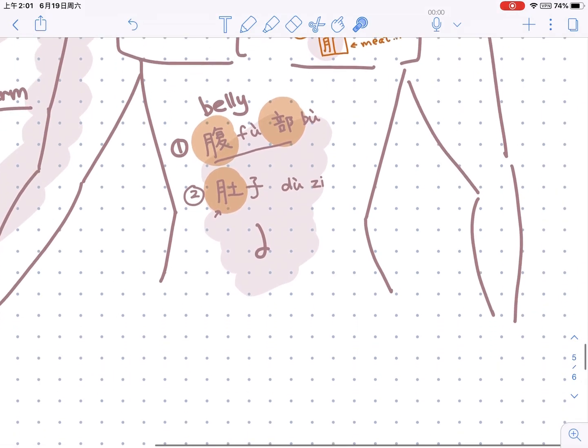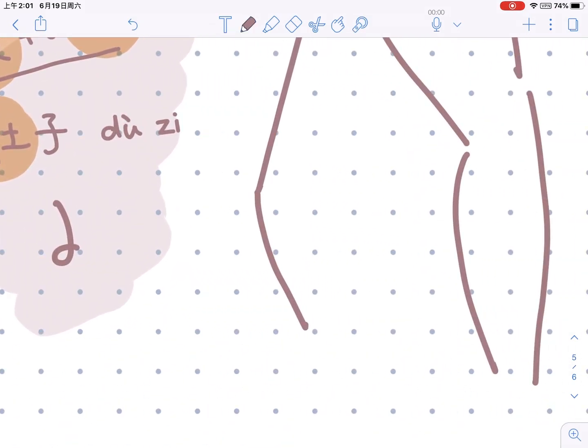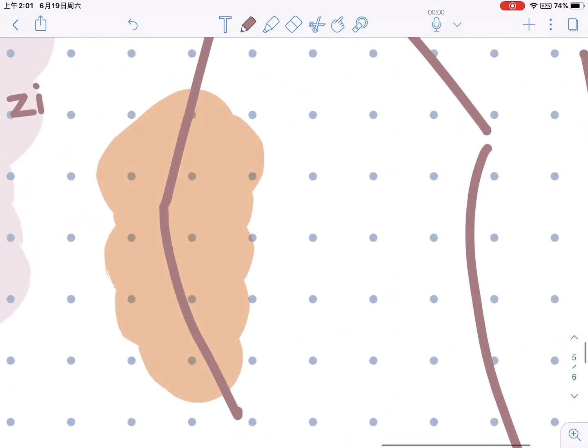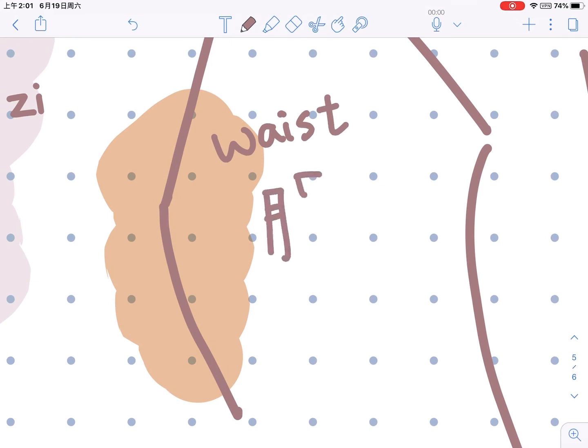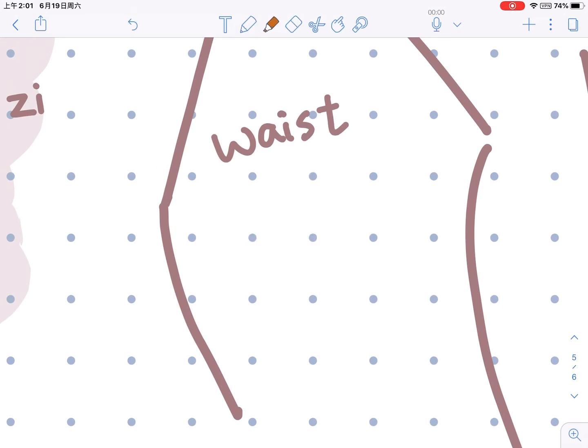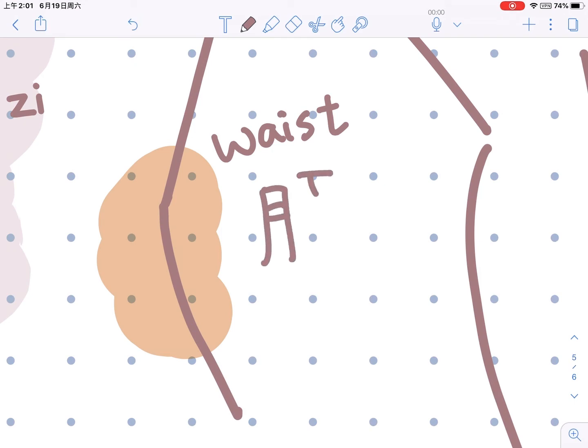Okay, and then if we go on, this guy has a pretty waist here, right? He has the waist here, and in Chinese, waist is 腰. Oh, sorry, I will write it again. 腰.